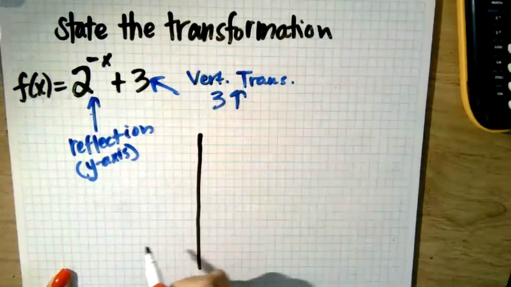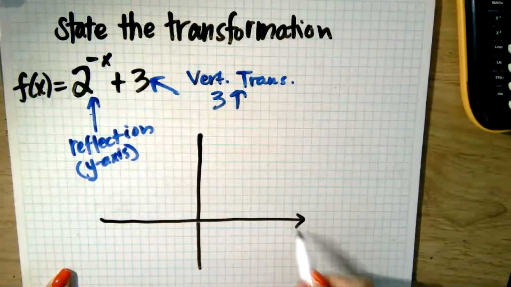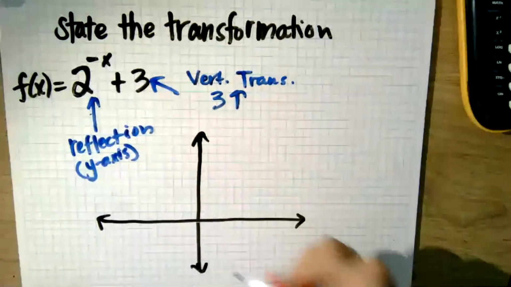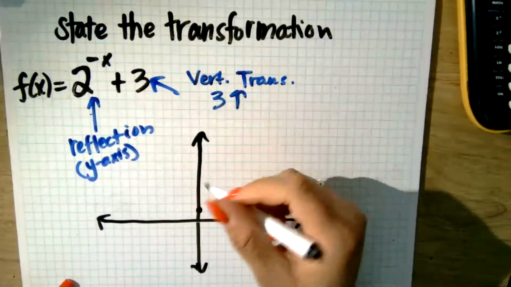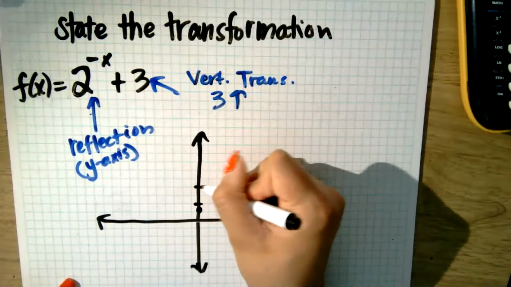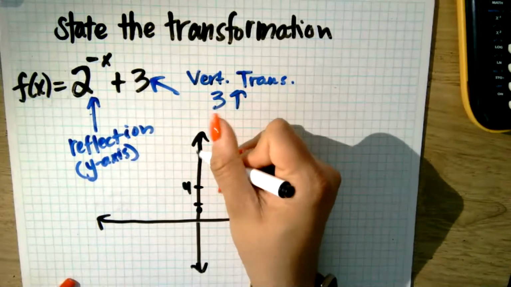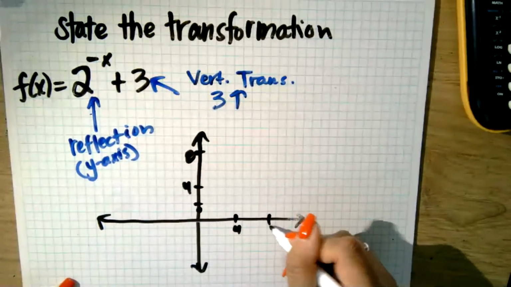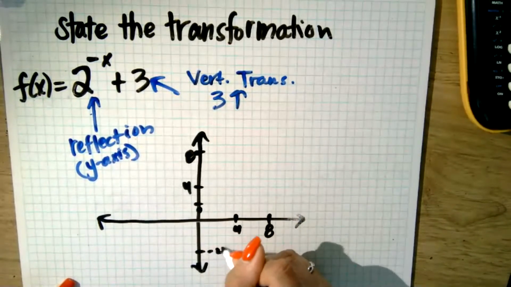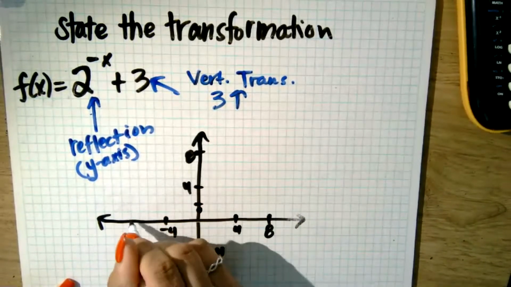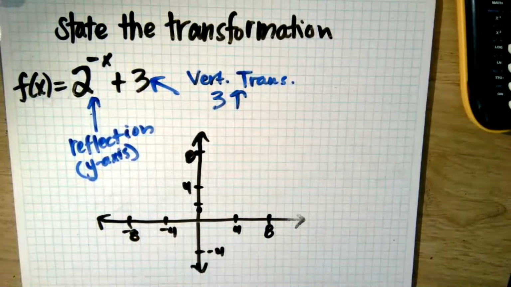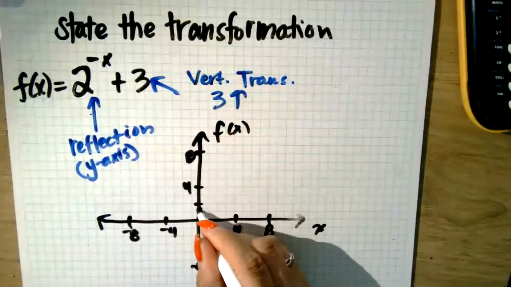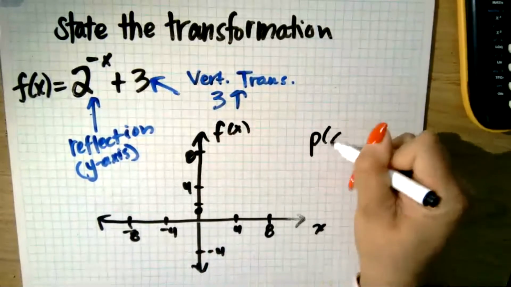Okay, so let's see what that means. I'm just going to graph it, a quick little sketch, and I'm also going to graph the parent function. Remember, my parent function is 2 to the x.